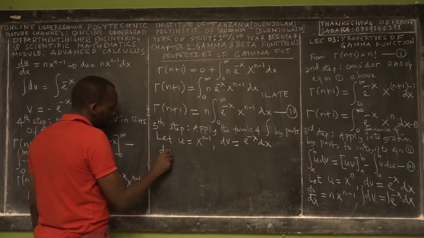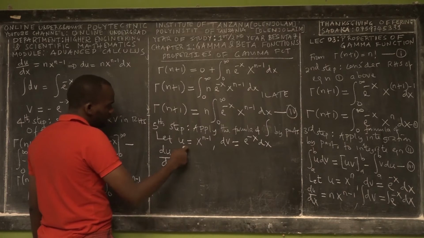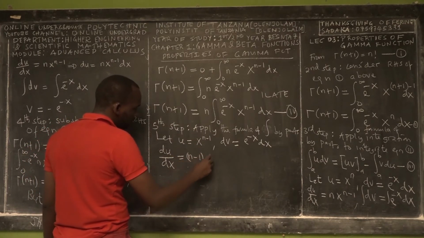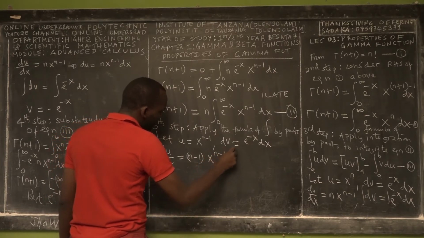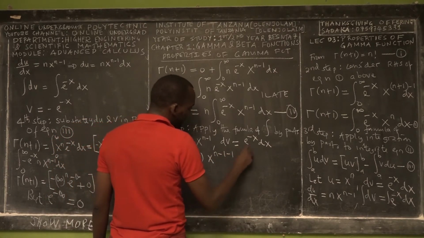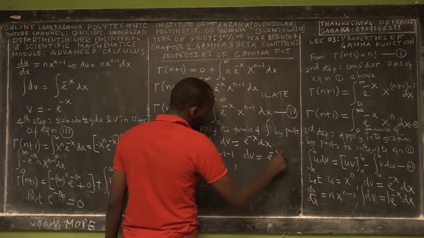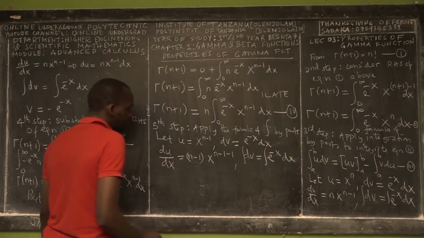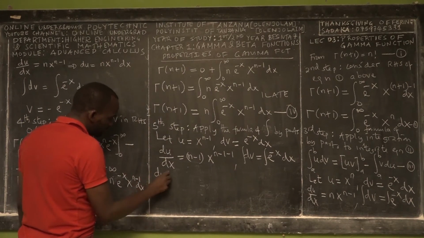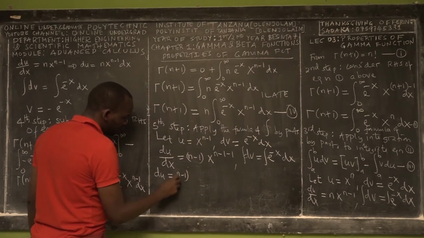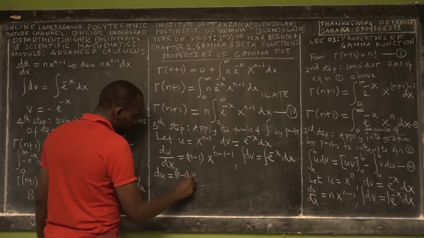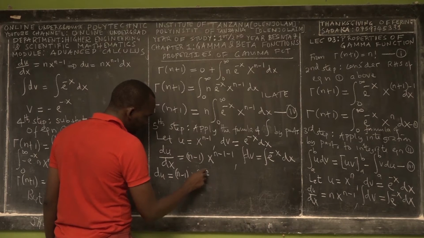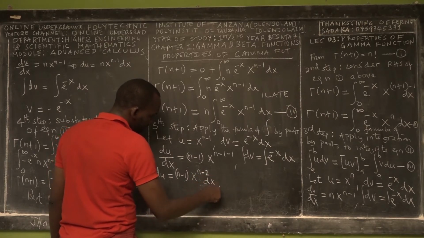So find du, differentiate u with respect to x. So this will make n minus 1, then we have x power n minus 1 minus 1. Then again we have dv is equal to e power negative x dx. Integrate it. So du is equal to n minus 1, x power n minus 2 dx.